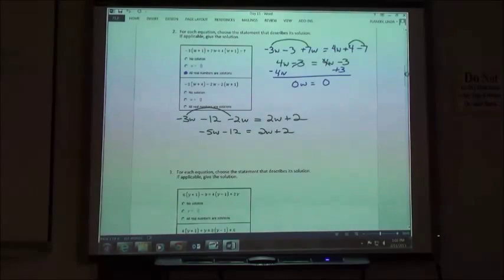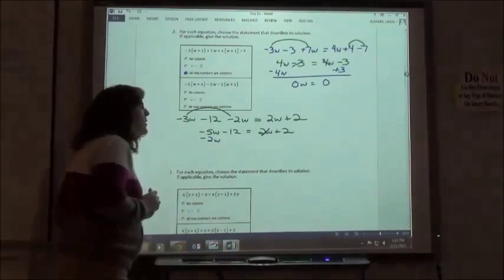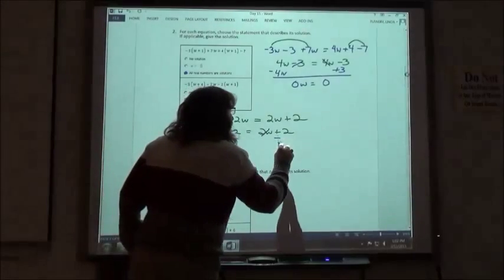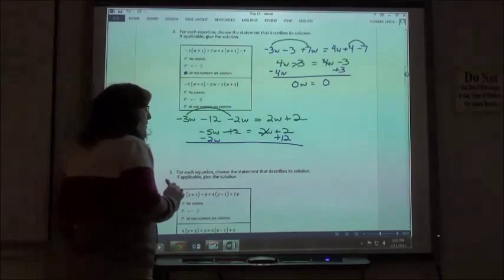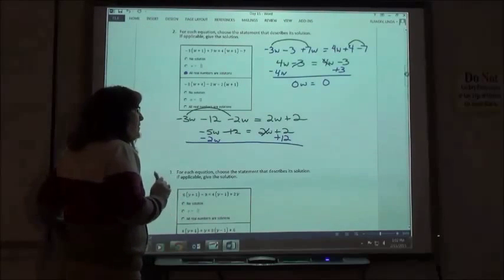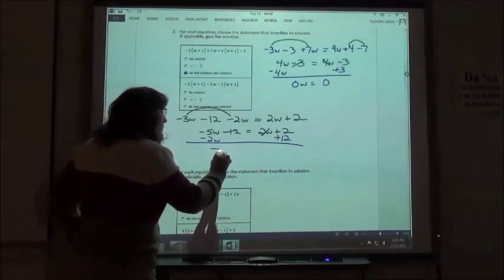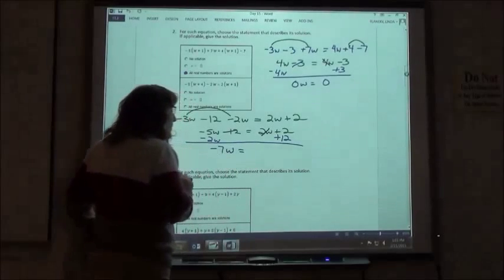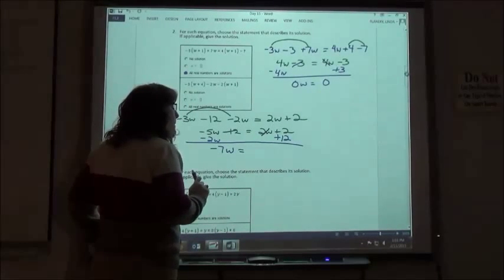Drop the 2 and make it a negative, so minus my 2W. Drop the 12 and make it a positive, plus 12, and I get negative 7W equals 14.